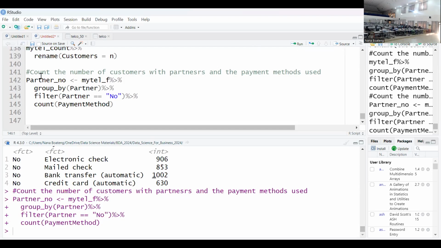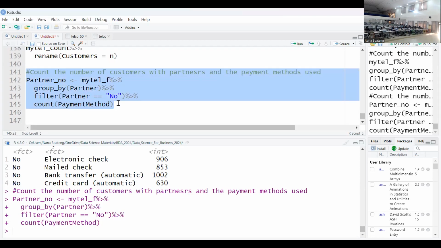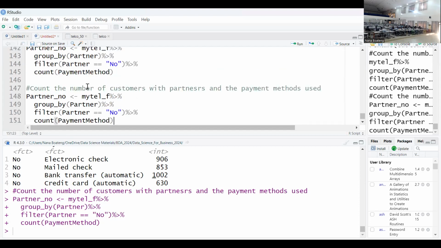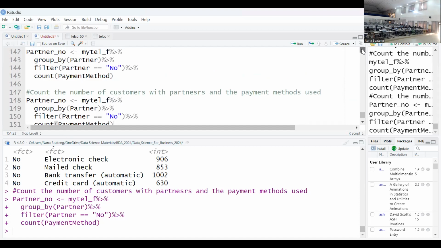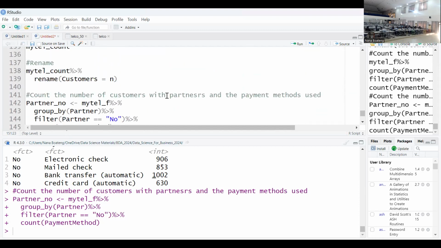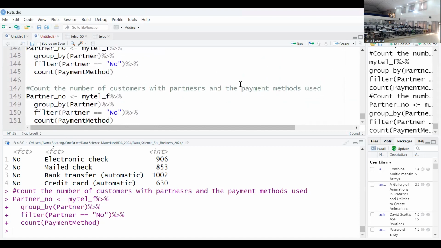Okay. So let's copy this whole lot. Okay, so this one should be those without. So the next one will be those with partners. Okay, so let's change this to yes.